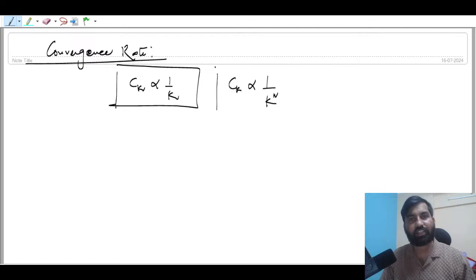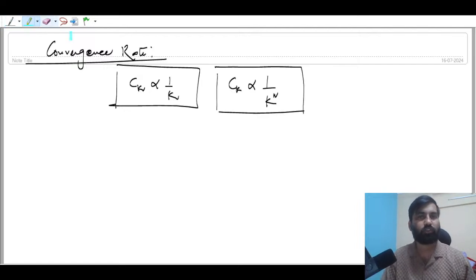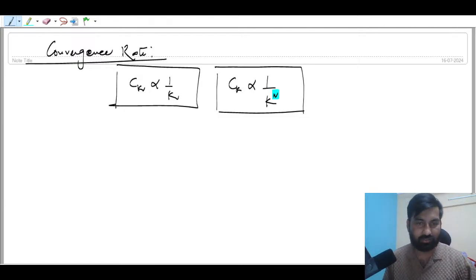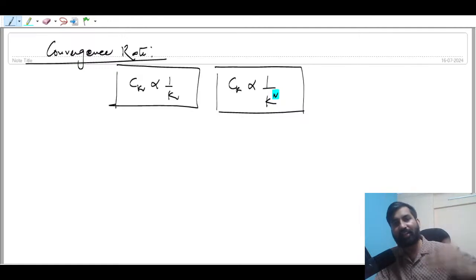In general, Ck is proportional to 1 by k to the power n. Now the question is, what is going to be this n? As k increases, Ck decreases, so the magnitude of the Fourier series coefficient decreases as k increases.